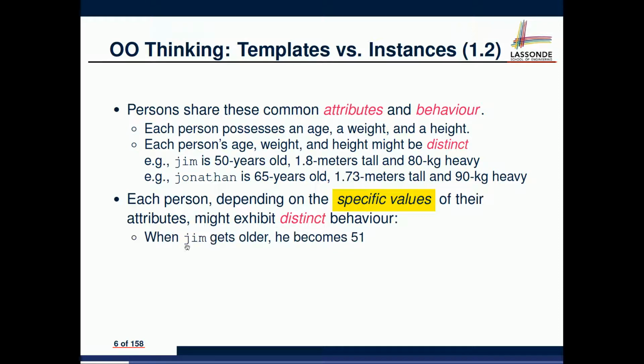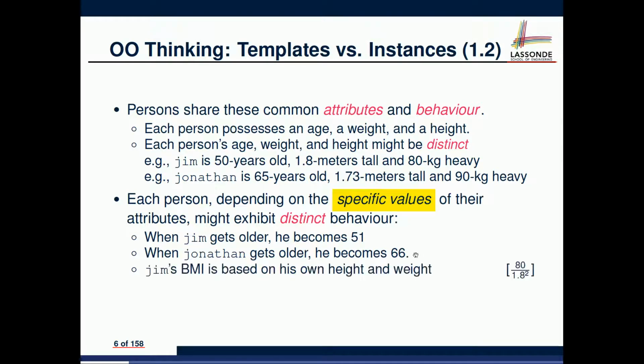For Jim, because his age is 50, when he gets older, he becomes 51. For Jonathan, because his age is 65, if you add 1 as well, that'll be 66. So the way these two entities get older is the same: just add 1 to their current age. However, the current age for different entities might be different, for example 50 and 65. That's why I got 51 and 66. The consequence is simply different.